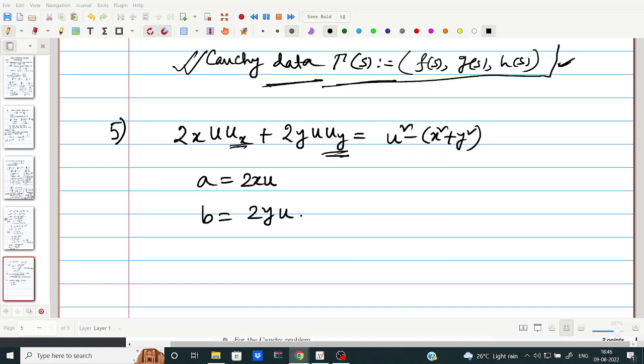Okay, so let me find a square plus b square first. It is 4x square u square plus 4y square u square, which means 4u square into x square plus y square. If a square plus b square is 0, what are the possible cases?